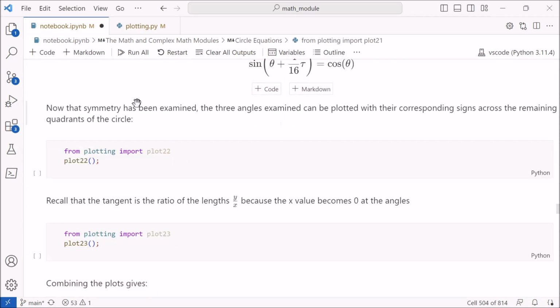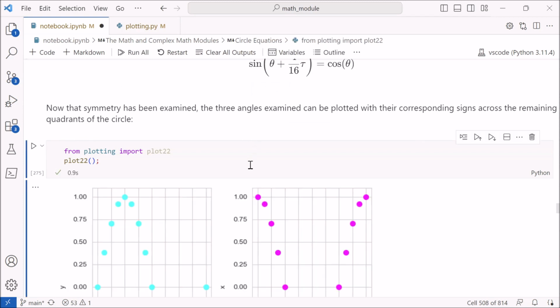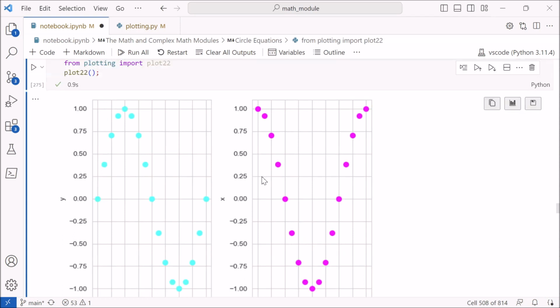Now that we've examined the symmetry, the three angles that we had a look at with the corresponding sines can be plotted across the remaining quarters of the circle. So we get something like this. Here's the y value, starting from 0, going up to 1, then going back down to 0, then down to -1, and then back to 0.